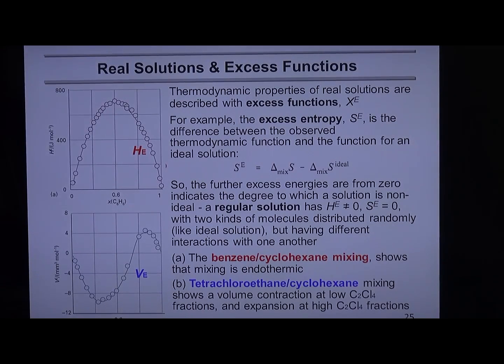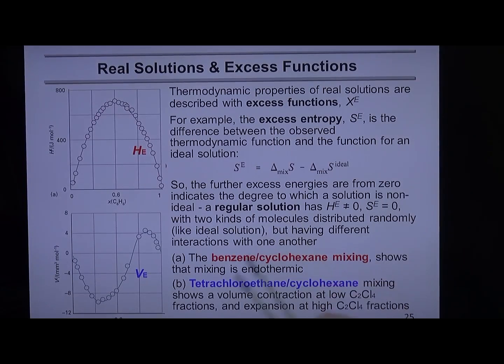And real solutions would be very complicated, as we encountered dealing with real gases. So, as we used the van der Waals equation as a model to describe the behavior of real gases, here we also introduce a model system to describe the behavior of real solution, which is the regular solution.